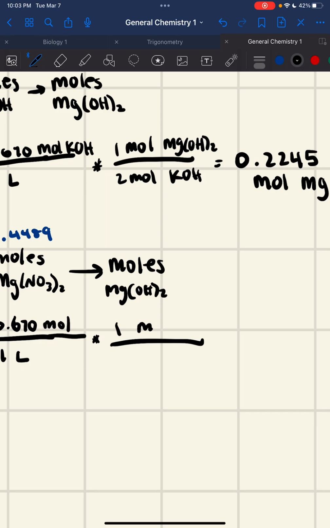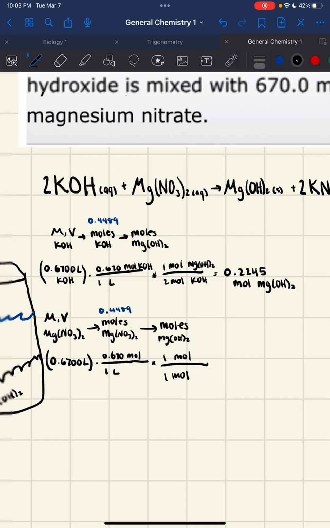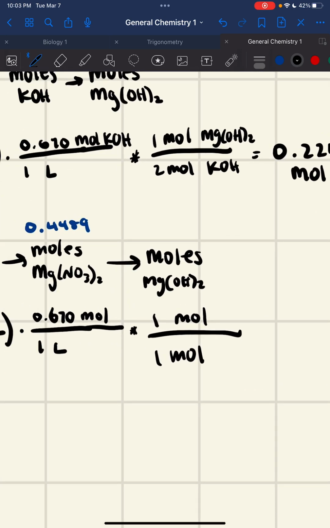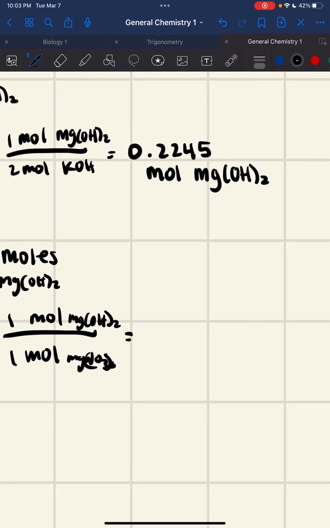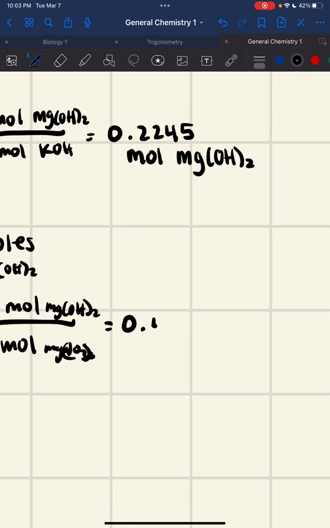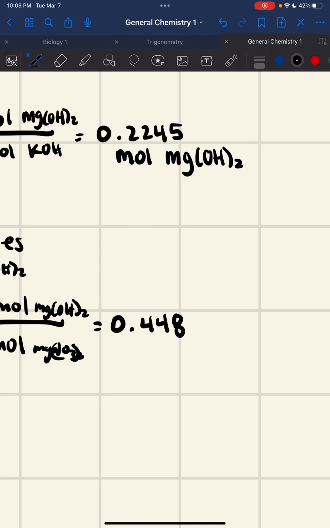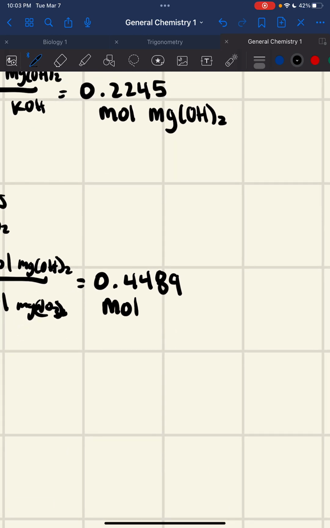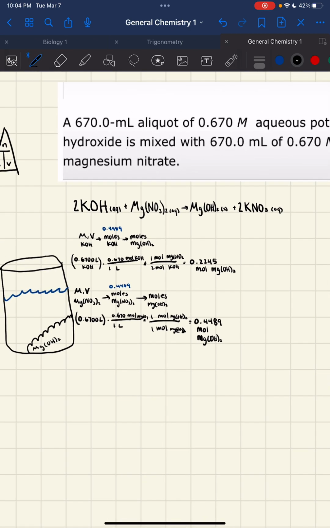So 1 mole, 1 mole, of my units, which is therefore still going to give me that 0.4489, and that's moles of magnesium hydroxide. Alrighty. From there, I forgot a step.